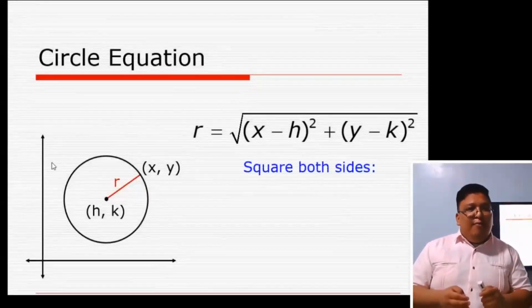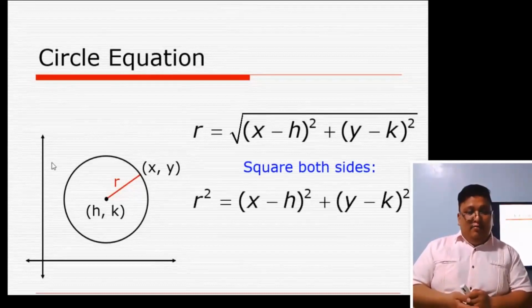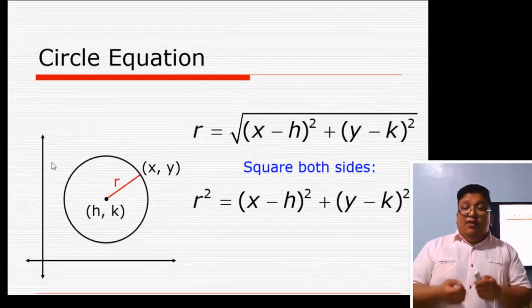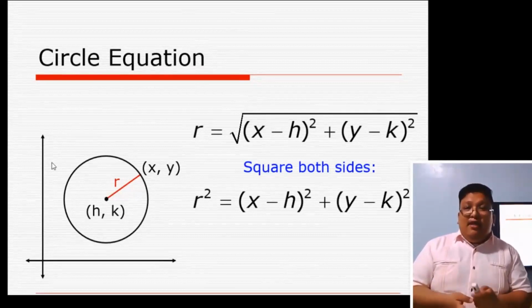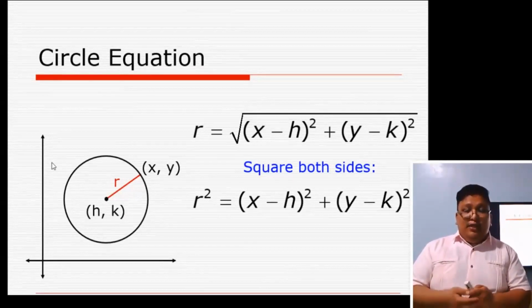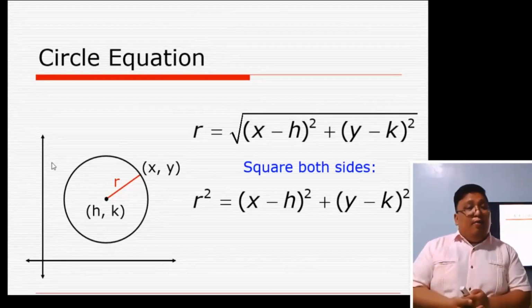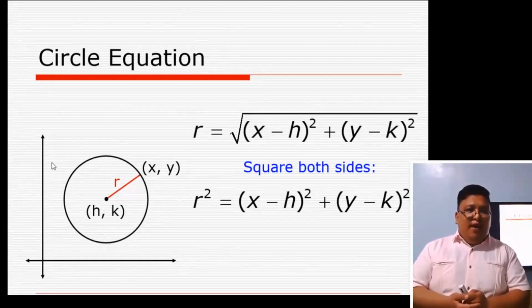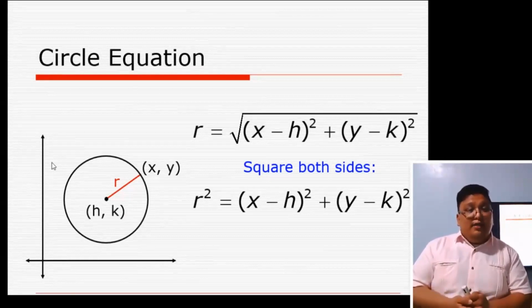First, you need to square both sides. Why do we need to square both sides? It is in order for us to eliminate the radical sign. So since we took the square of both sides, we can now have this equation: r squared is equal to (x minus h) squared plus (y minus k) squared.